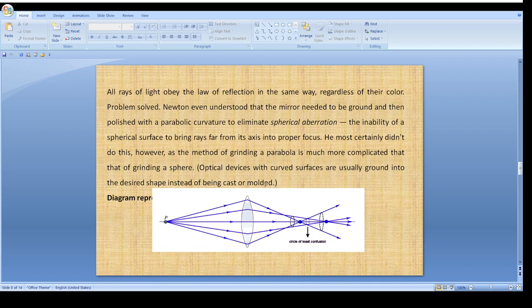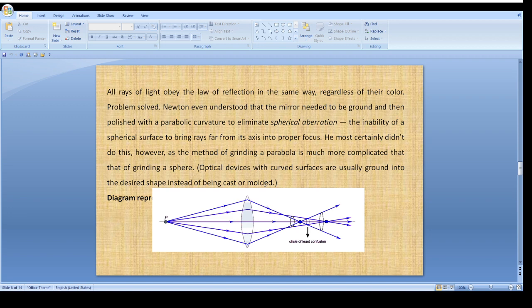All rays of light obey the law of reflection in the same way regardless of their color. Problem solved. Newton even understood that the mirror needed to be ground and then polished with a parabolic curvature to eliminate spherical aberration, the inability of a spherical surface to bring rays from its axis into proper focus.